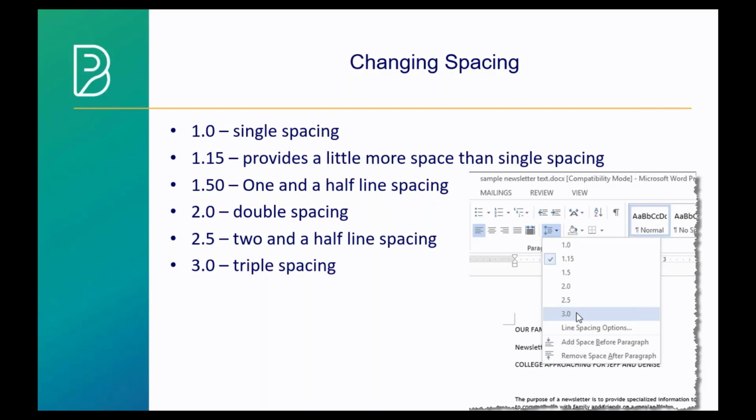The paragraph spacing options are based on the current settings, so you can either choose to add space before the paragraph, remove space before the paragraph, add space after the paragraph, or remove the space after the paragraph. The amount added by default is usually 12 points. To add more, you will need to use the paragraph dialog box.